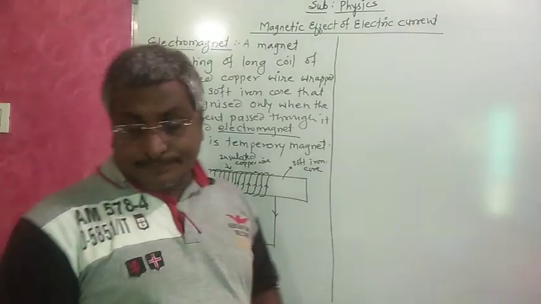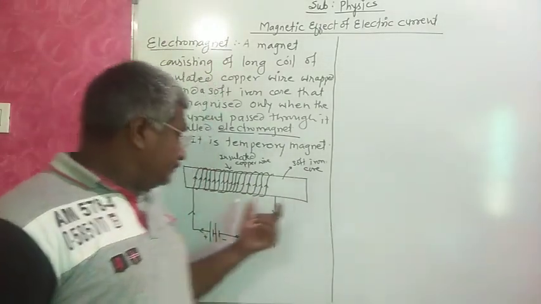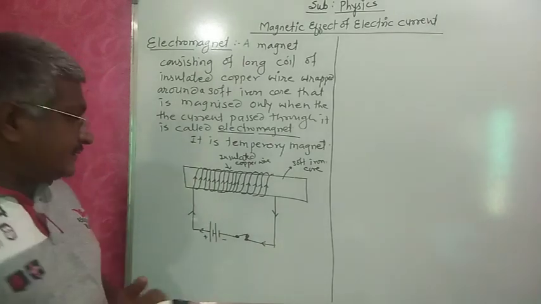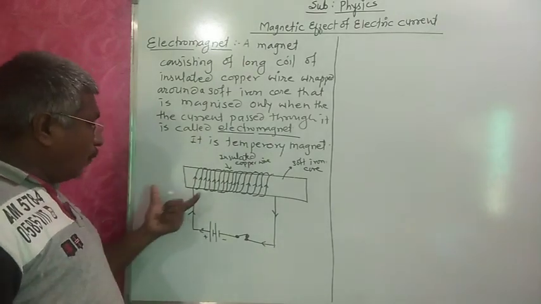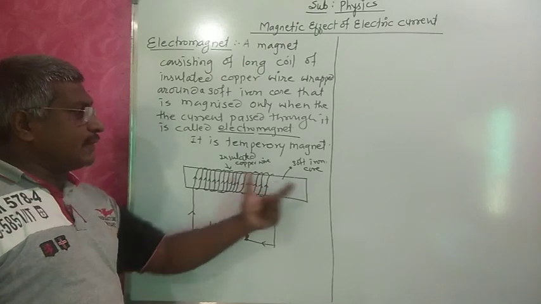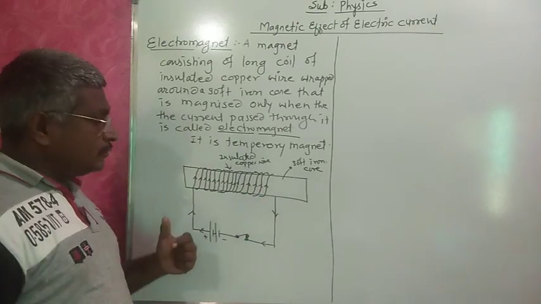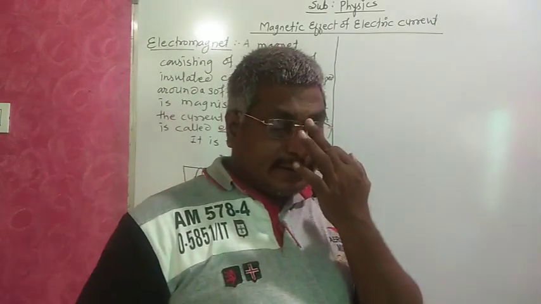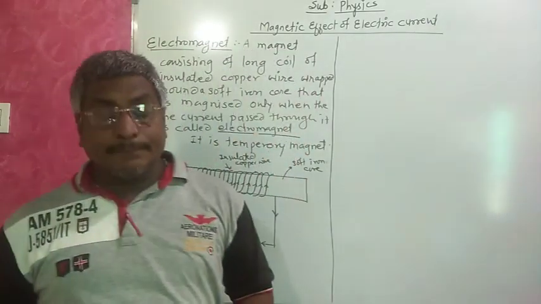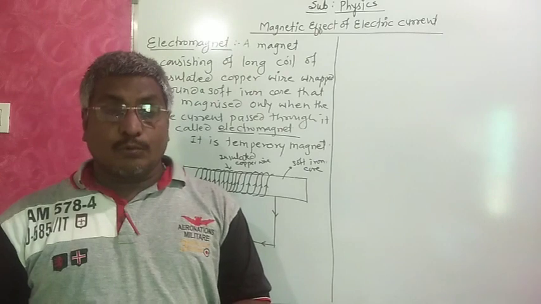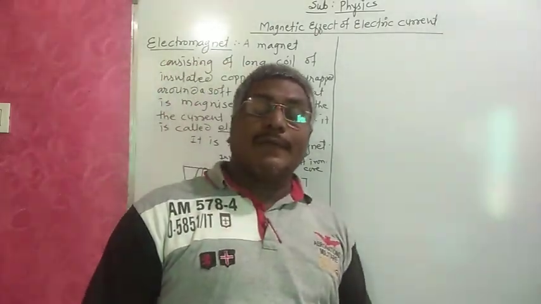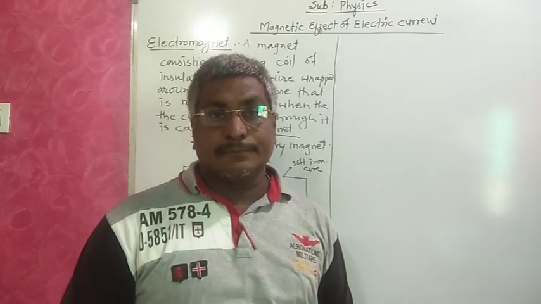So this is the electromagnet. Now the question will arise: why are we using a soft iron core in an electromagnet? In place of soft iron core, why can we not use steel?